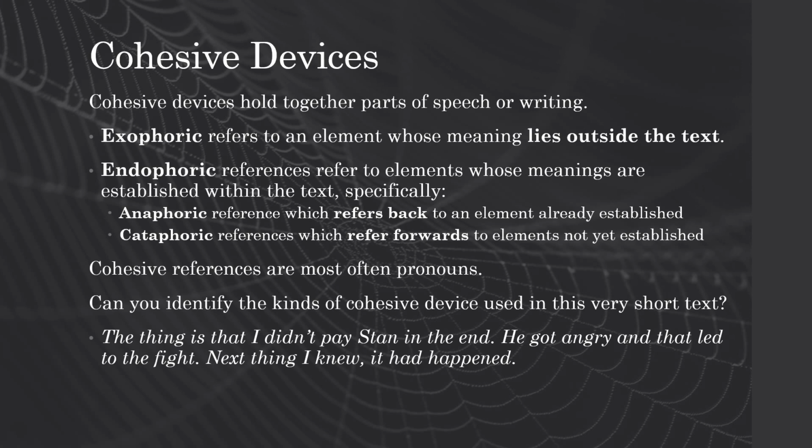Once I've used his proper name, Tim, I can then use anaphoric reference by using "he" to refer back to him as he's already established. But there are examples where we perhaps use the pronoun before the proper noun that it refers to, or any kind of noun that pronoun has replaced, and that would be an example of cataphoric reference.